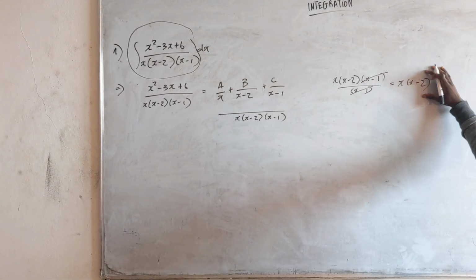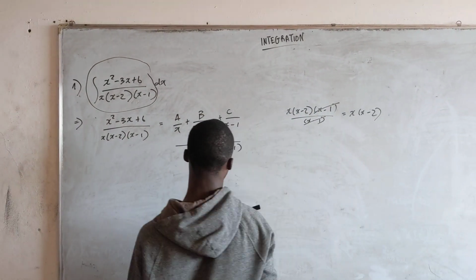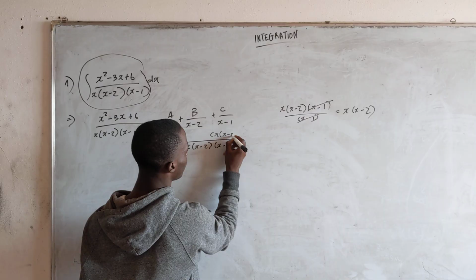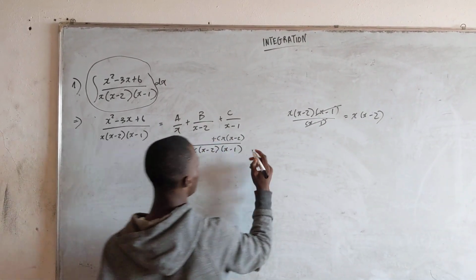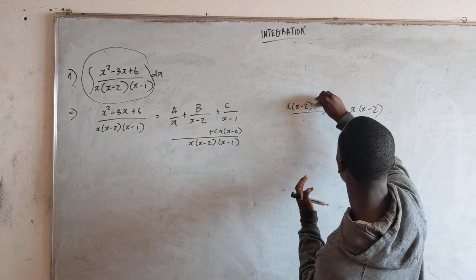Now, this is our result that we have obtained. We are going to multiply it by c. This implies cx into (x minus 2), plus this other part. Okay, let me just write the one down here.